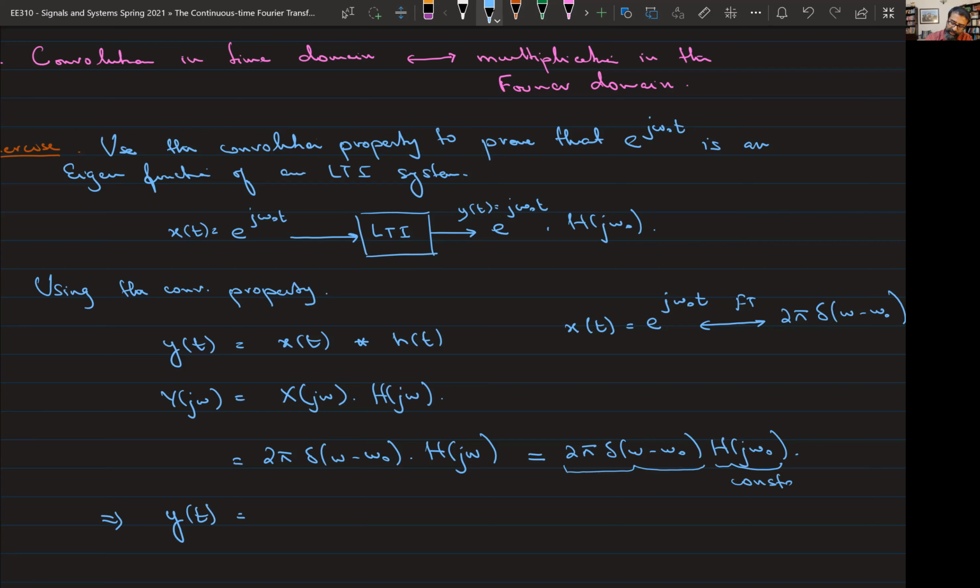It's not a function of omega anymore, but it's only a function of omega naught, and omega naught is a constant. So it's a constant being multiplied by 2 pi delta omega minus omega naught.